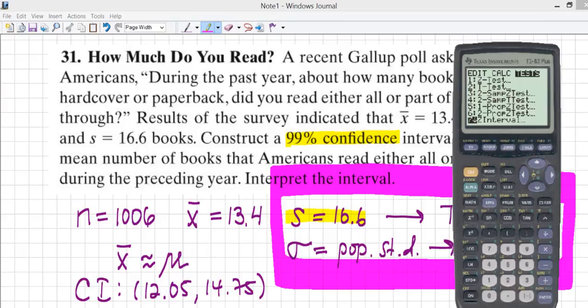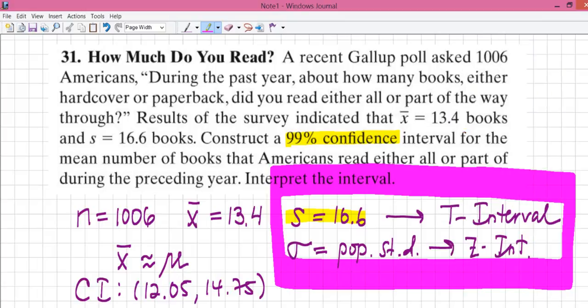If you go down here, Z interval, if your population standard deviation is given. T interval, if sample standard deviation is given. And then we have one proportion Z interval, this one right here. That is if your problem is dealing with proportions. Okay, so that's that. Let's go ahead and take a look at the next problem.